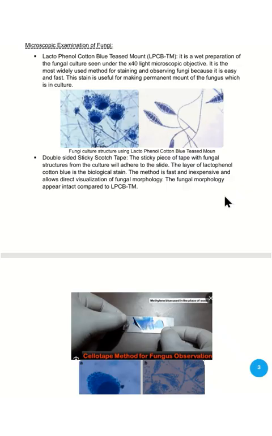But in this one, you take the tape and then you take a very small part of the colony, and then you put it on the slide that has already lactophenol below.